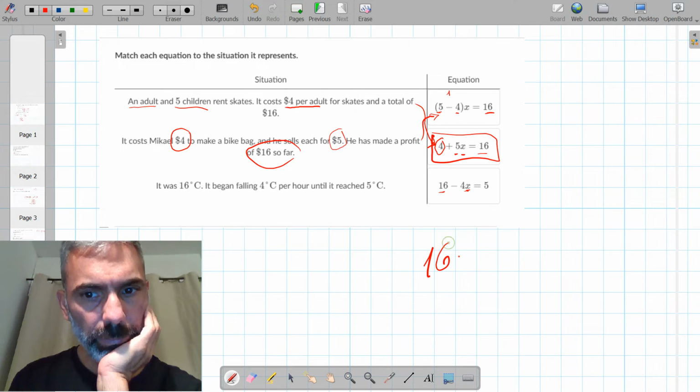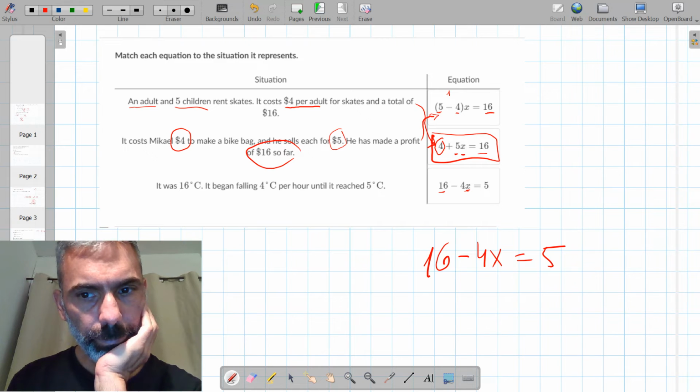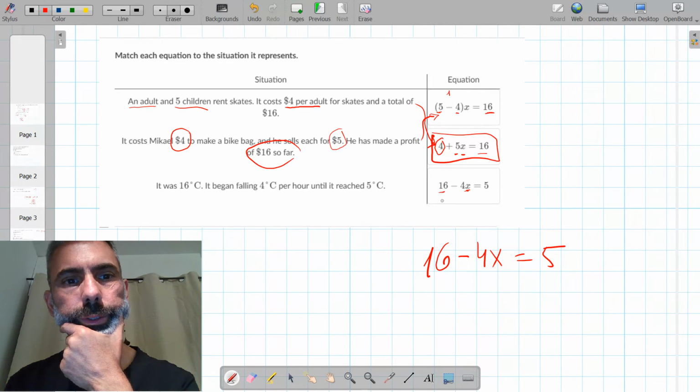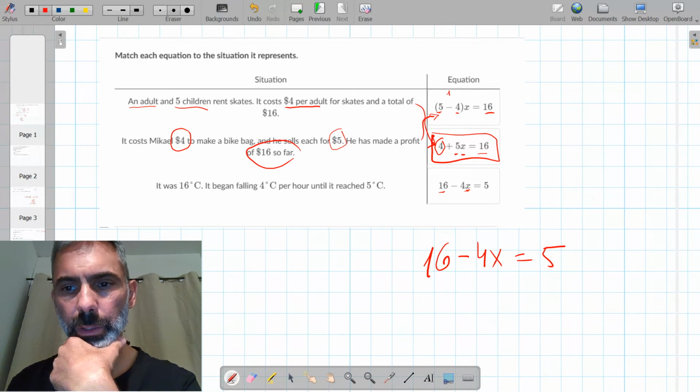So let's solve this. 16 minus 4x equals 5. So we need to isolate the x. x represents the number of hours it took until it fell from 16 degrees Celsius to 5 degrees Celsius.